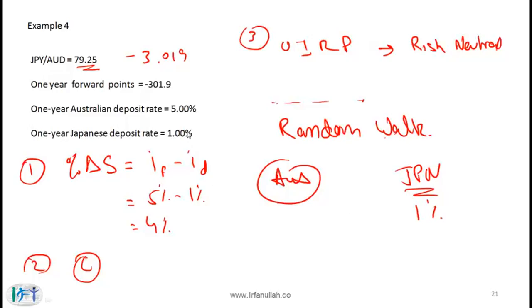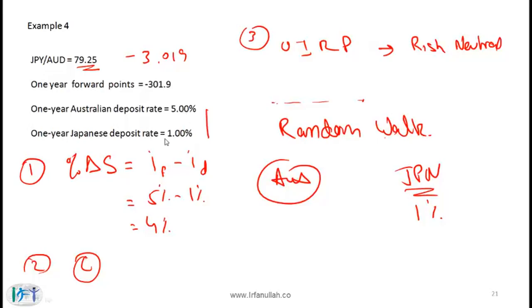Since this is completely hedged, that means your Japanese yen is going to appreciate by 4%. Hedged means you have taken out a forward contract, and with a forward contract you basically get the differential in currency return between these two currencies.